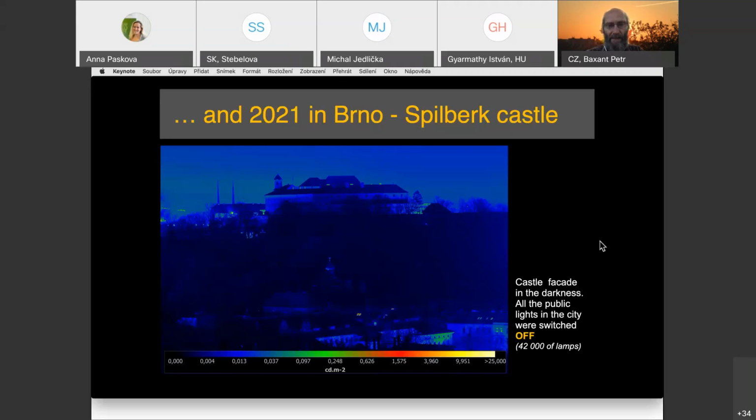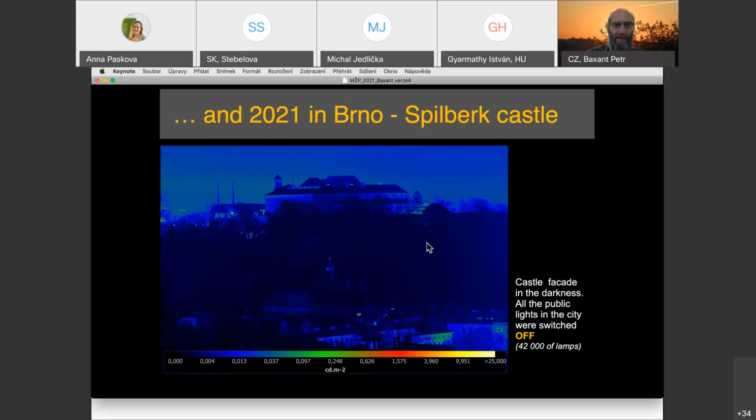The luminances of the surfaces of the facade and of the surrounding trees and hills are below tens of candela per square meter, in the blue part of the scale. And you can see that the sky is also quite dark, and no lights disturb the viewing.